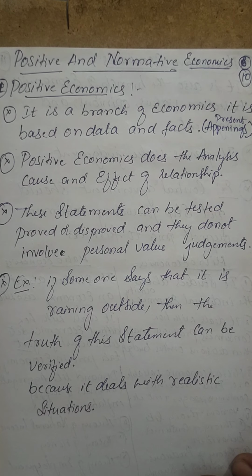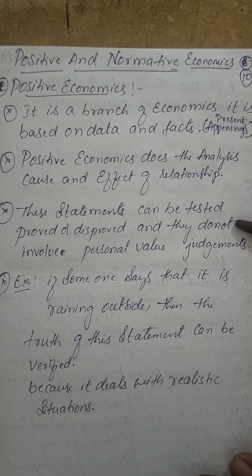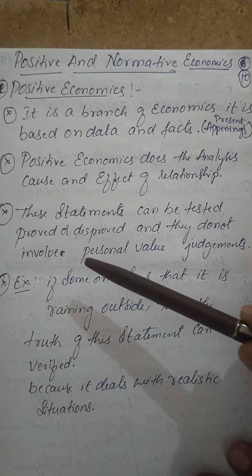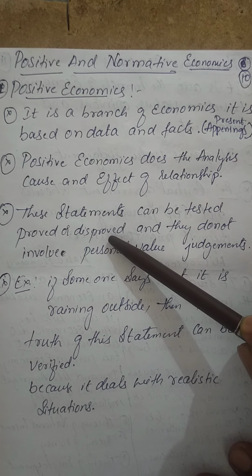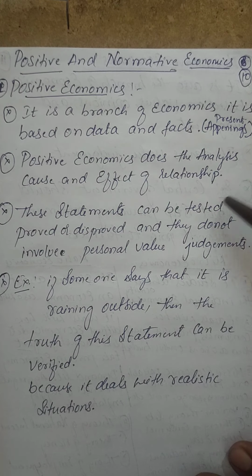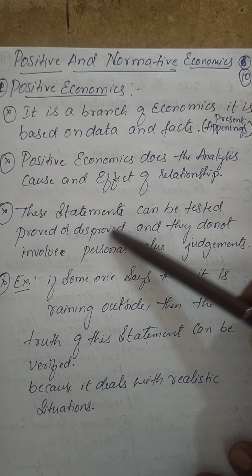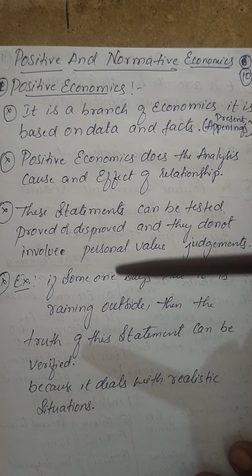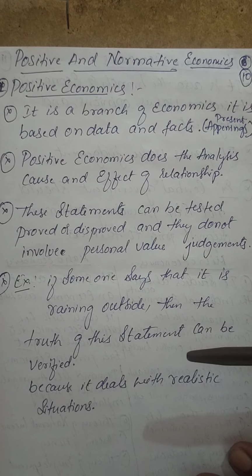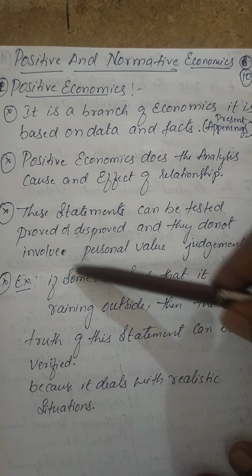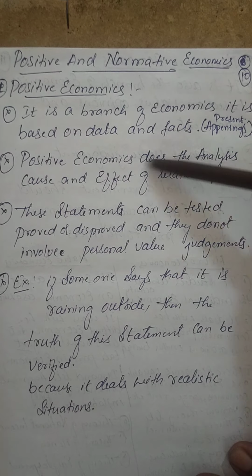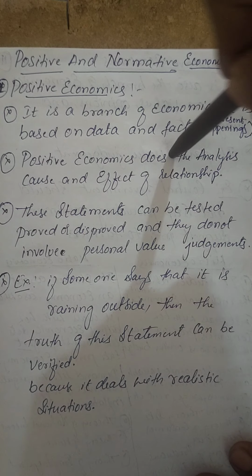So there might be chances they can prove it, or they might disprove what you have done, but they will not involve personal value judgment. They might say, just ignore the things and go. They won't give a personal value judgment. Why? It will spoil the relationship here. So that is the point here.